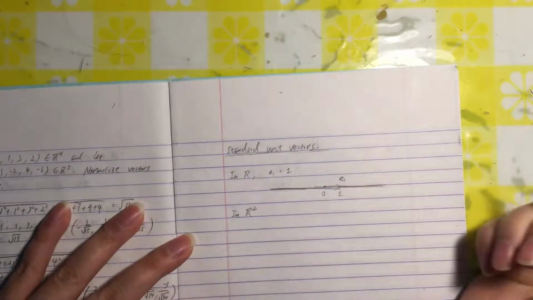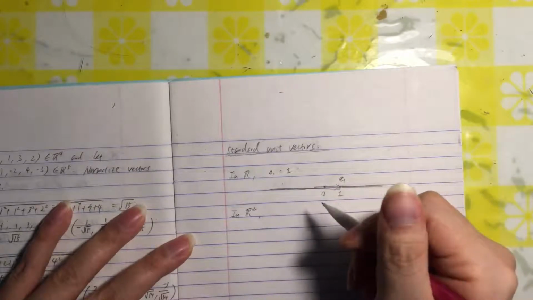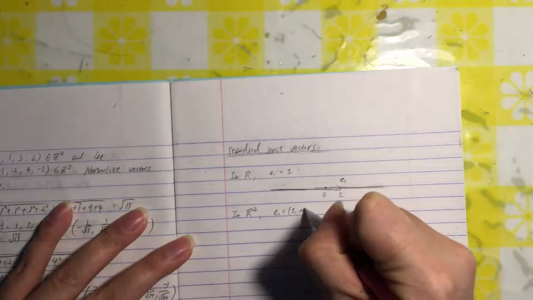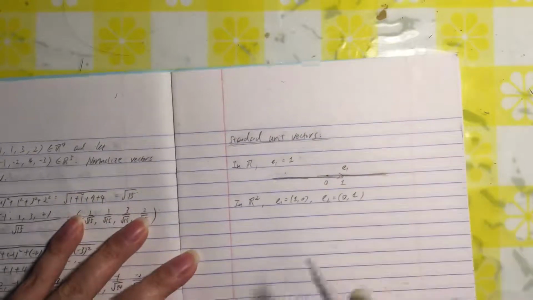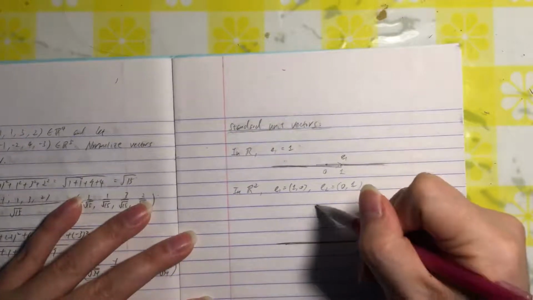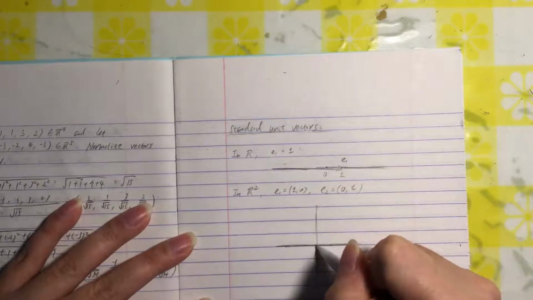R2 is two-dimensional. It's a plane. So it has two standard unit vectors. E1 equals (1, 0), E2 equals (0, 1). For R2, consider this is an xy plane. It has two unit vectors.